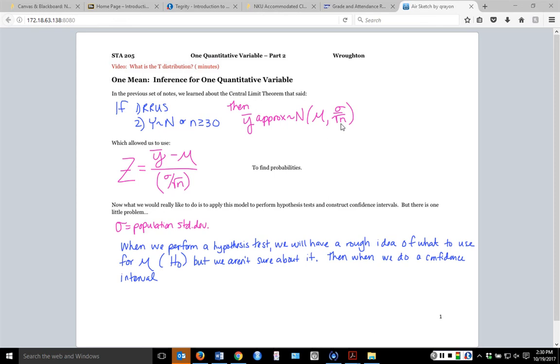So when we do a confidence interval here, just like we didn't know the population proportion, I'm not going to now know the population mean. And the reason I'm not going to know it, because that's actually what we're trying to find. So I'm not going to know mu for sure then.